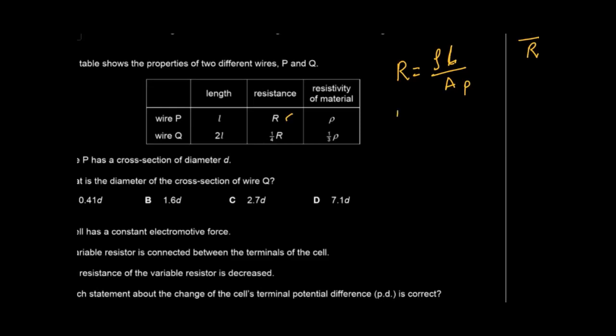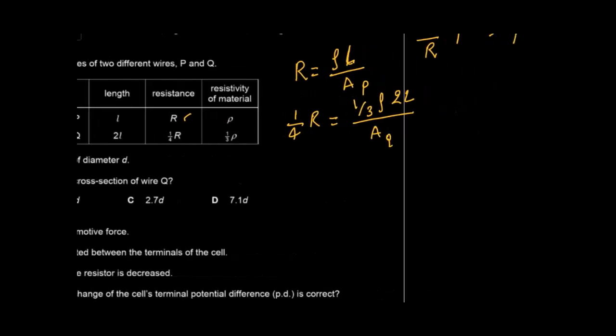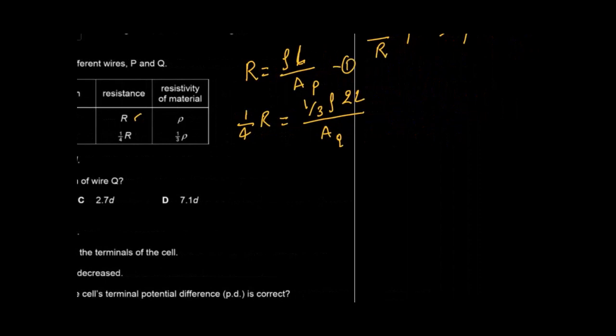And for wire Q we can write 1 upon 4 R is equal to 1 by 3 rho, length is 2L, upon area of Q. So this is equation 1 and this is equation 2.